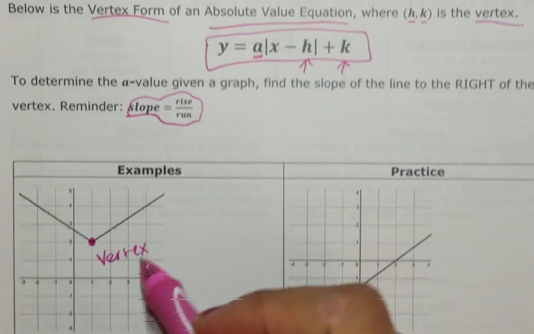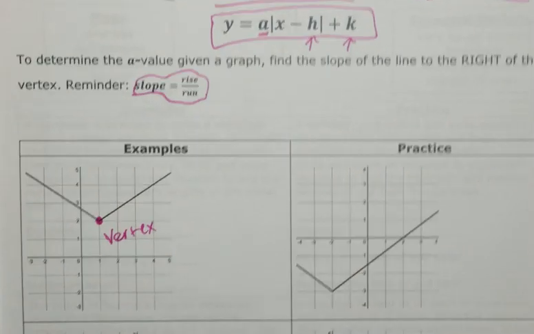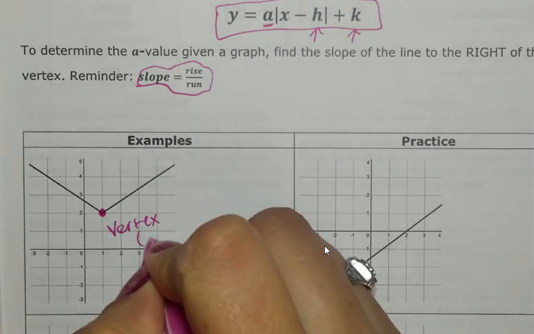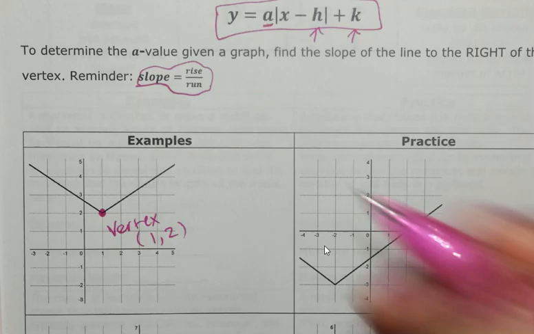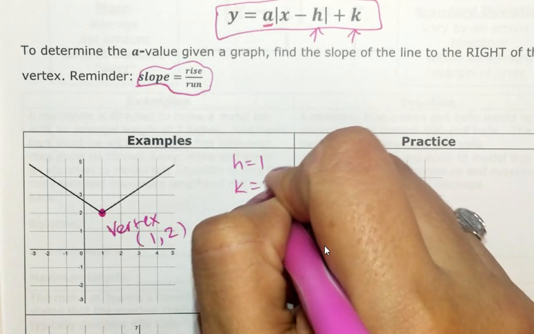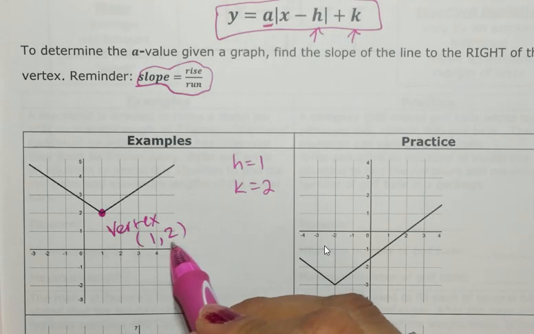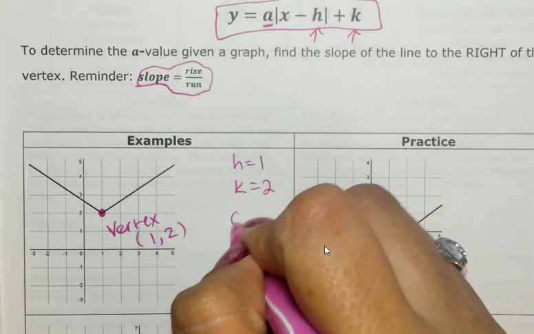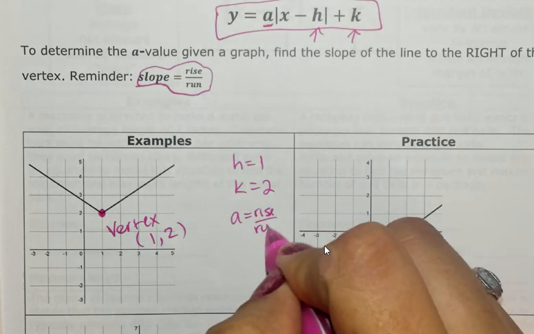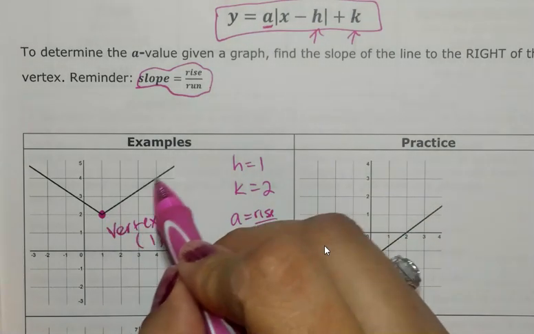All right, so let's look at this first example. The vertex in this first example is 1, 2. That means that your h is 1 and your k is 2. Now for the a value, we're going to do the rise over run ratio from one point to another.